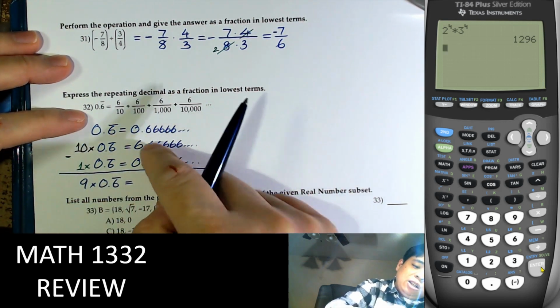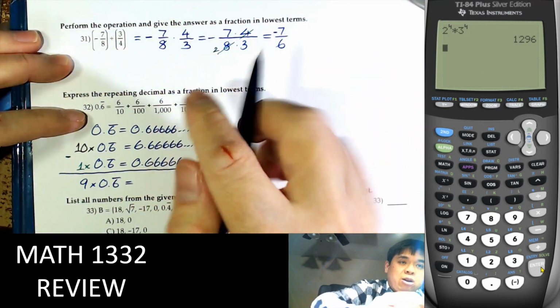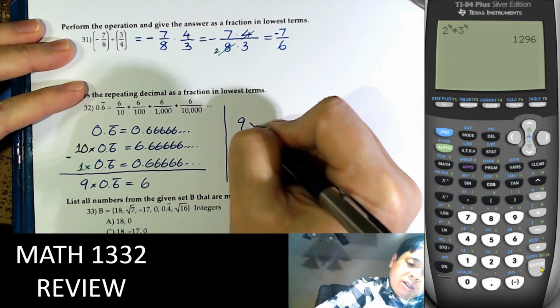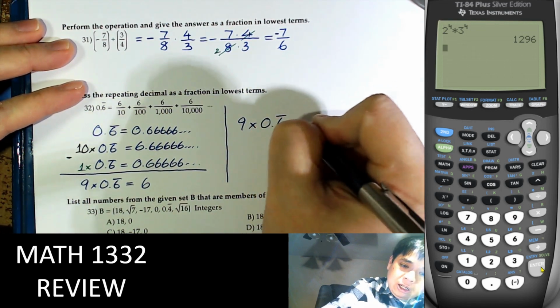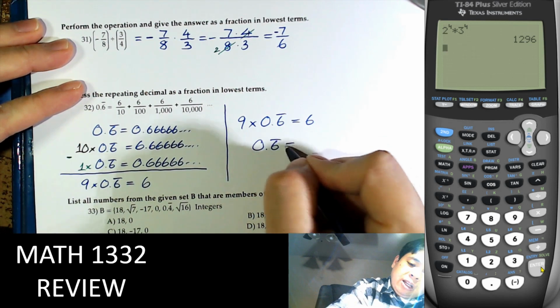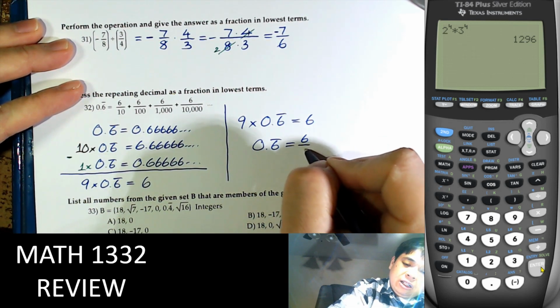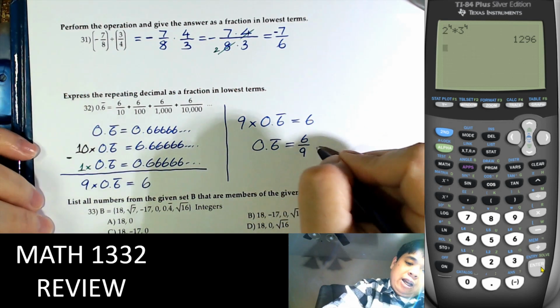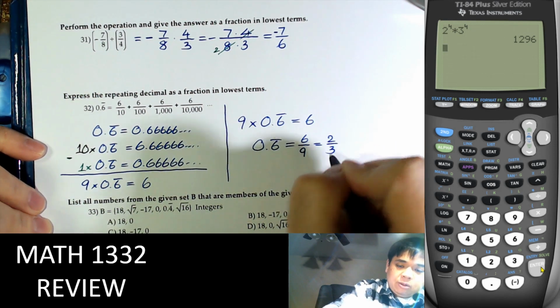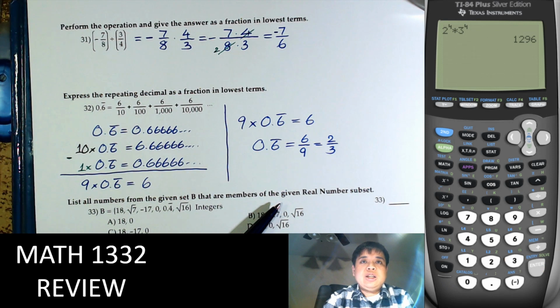When we subtract, the repeating decimal parts cancel out, and we're left with 6. So bottom line is we have 9 times 0.6 repeating is equal to 6. To get that by itself, it's just going to be 6 over 9. And that reduces, dividing by 3 top and bottom, to 2/3. Okay, so we just say 2 divided by 3. Of course we have the repeating.